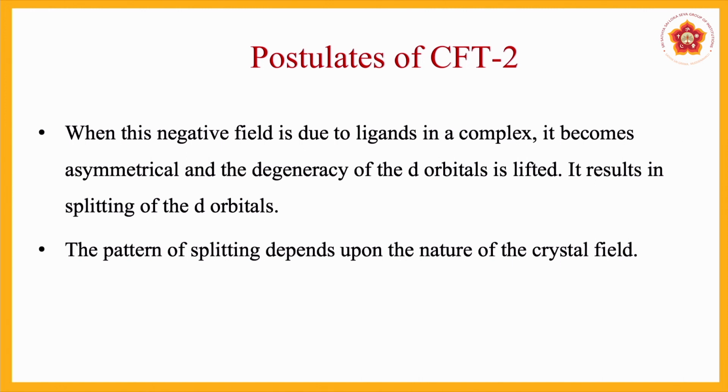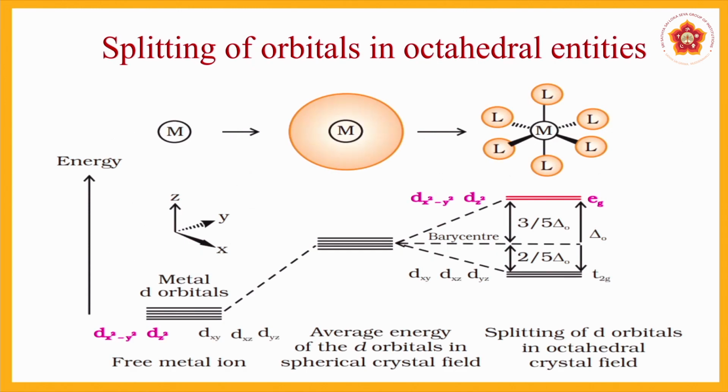So what is the actual pictorial representation of this? This is the one. See, on one side you have energy on the y-axis. You have all the 5 orbitals written in one single line, which means that all of them have the same energy: dx square minus y square, dz square, dxy, dyz, dzx.